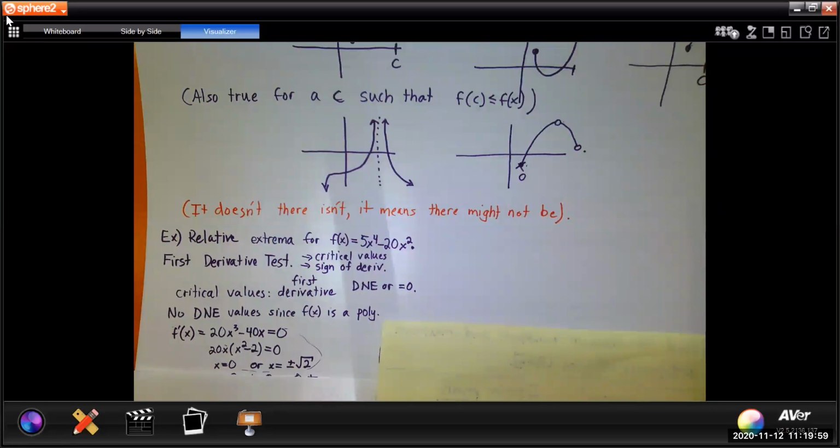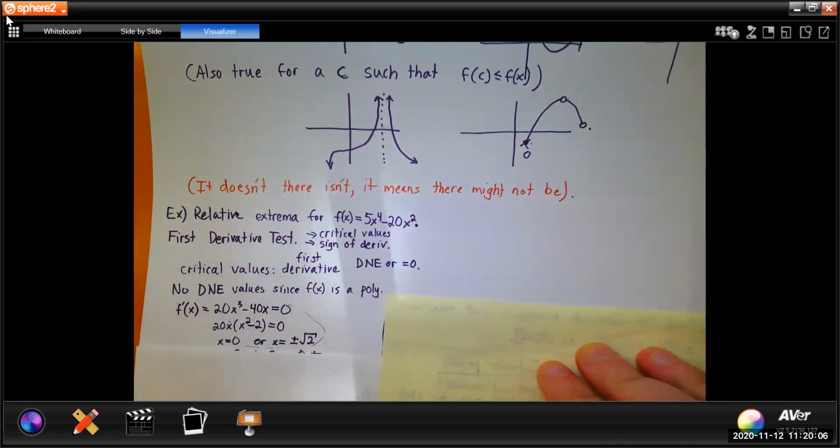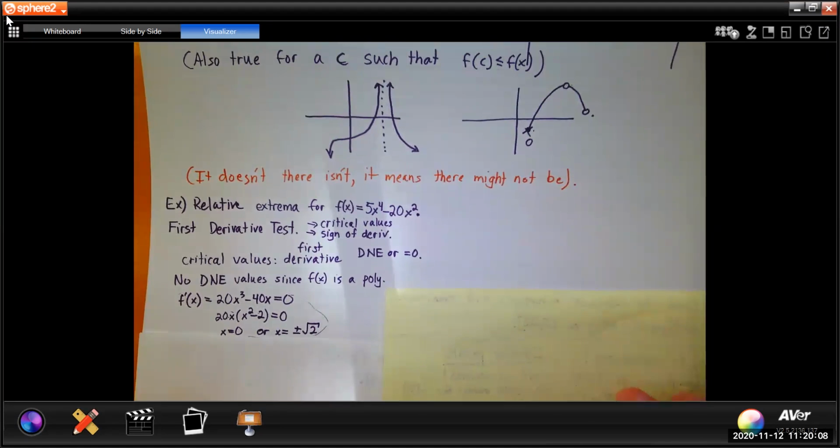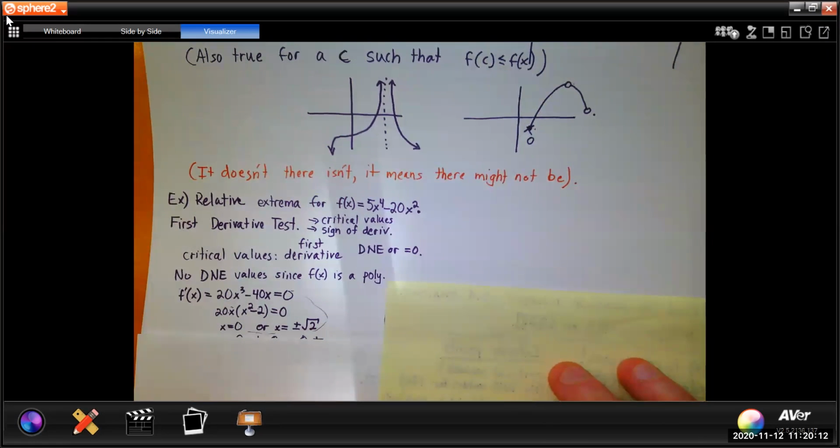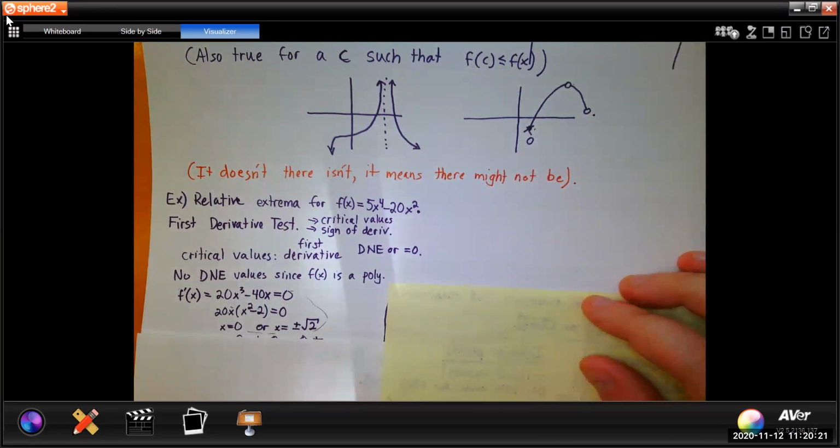But I didn't write it down because I was running out of space. Regardless, what we're interested in is not the critical values themselves, although that tells us where to look for sign changes. So I guess we're interested in them. I overstated my case.